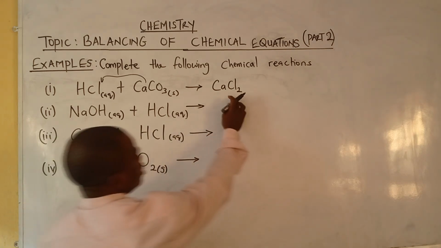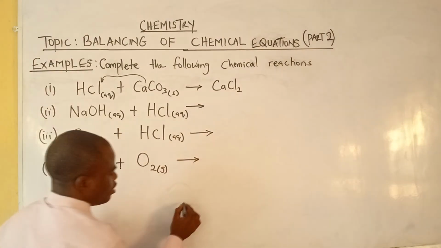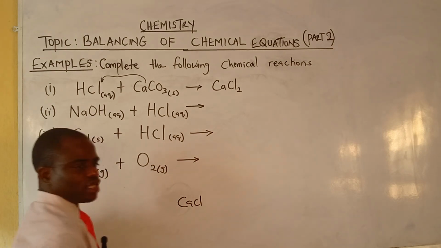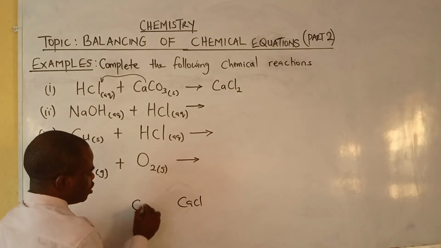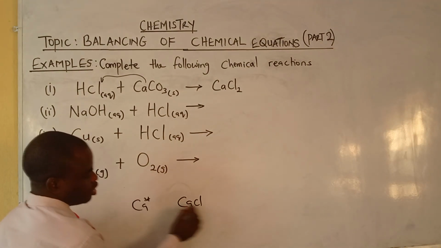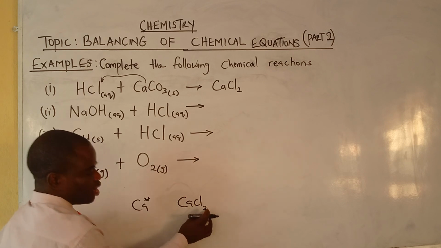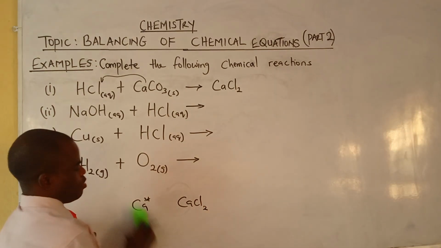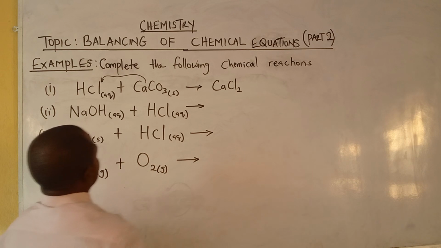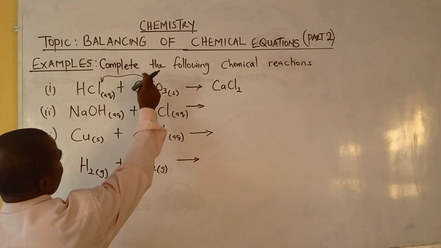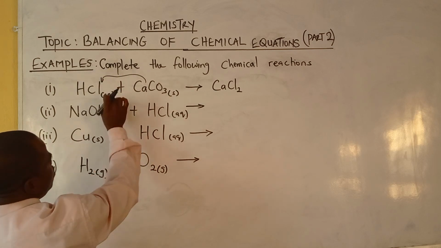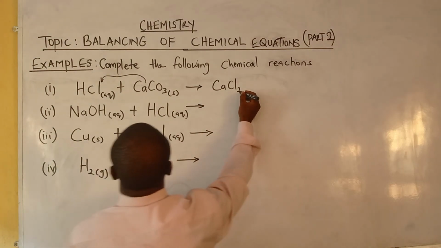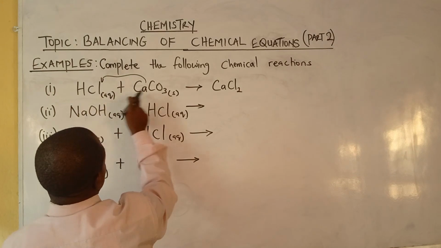When you are writing it, don't ever write calcium chloride like this. It's wrong. Always consider the ion on top of this. It's signifying that you have an ion that is positive 2 here. Okay, take note of that. Calcium, this positive, negative come together. Calcium chloride.